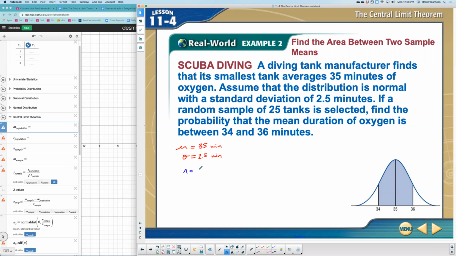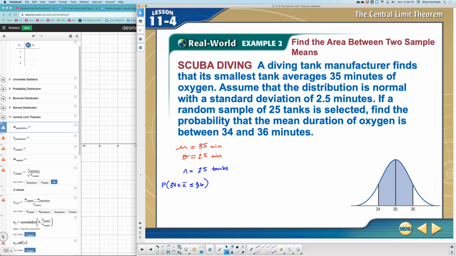So that's our N. So N is 25 tanks. And we want to know the probability that the duration of oxygen is between 34 and 36 minutes. So we want to know what's the probability that X bar is somewhere between 34 and 36. That's what we're really trying to solve for here, is this probability.